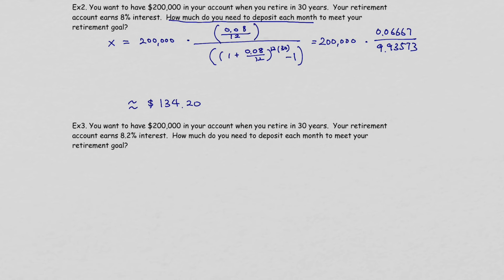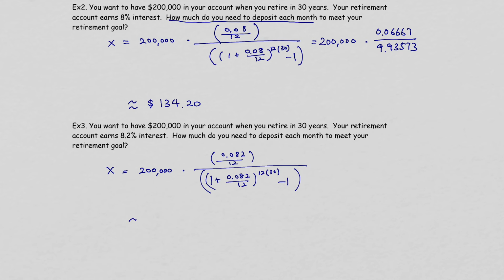And if we replace, your X should be 200,000 times 0.082 divided by 12, all over 1 plus 0.082 over 12 to the 12 times 30 exponent, minus 1.